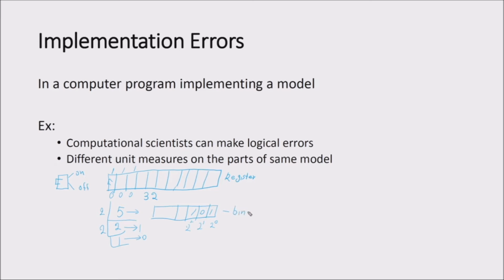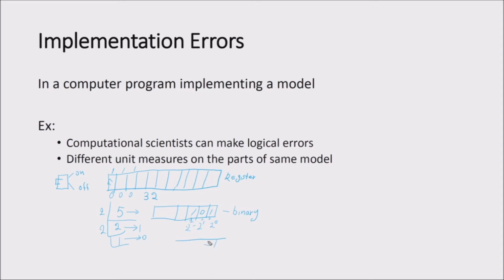If I want to convert this binary back to a decimal number, what you do is you multiply these two together, and you multiply these two together, you multiply these two together, and add the answer. So in that case, 2 to the power 0 is 1, multiplied by 1 is 1, right?